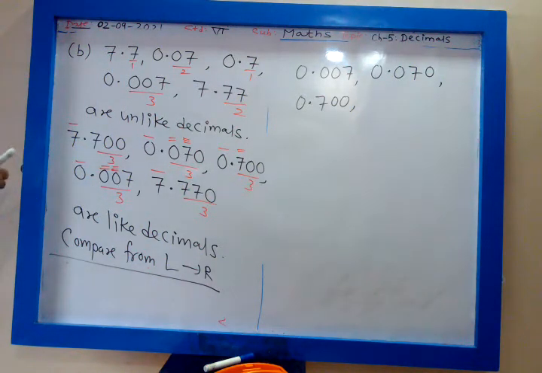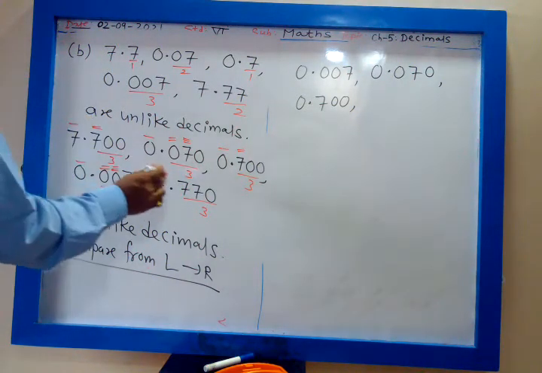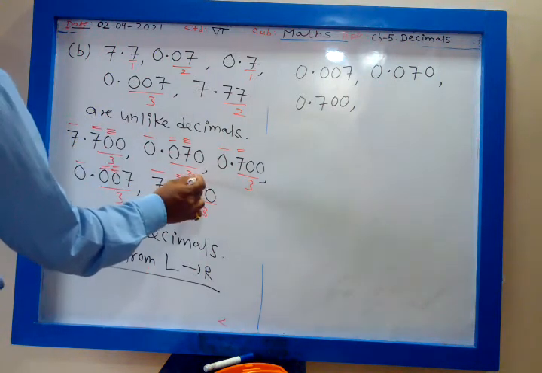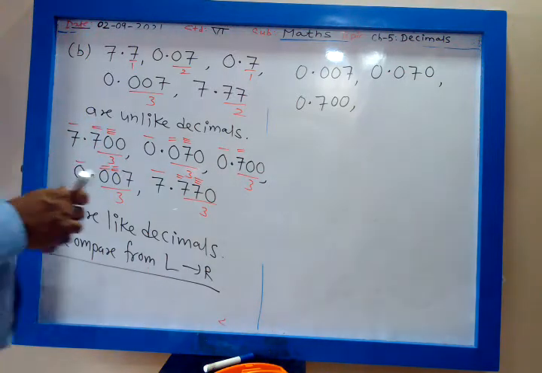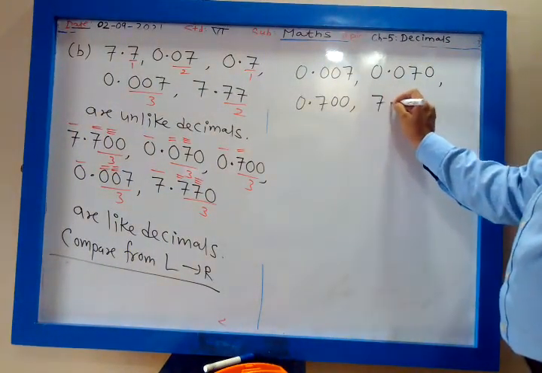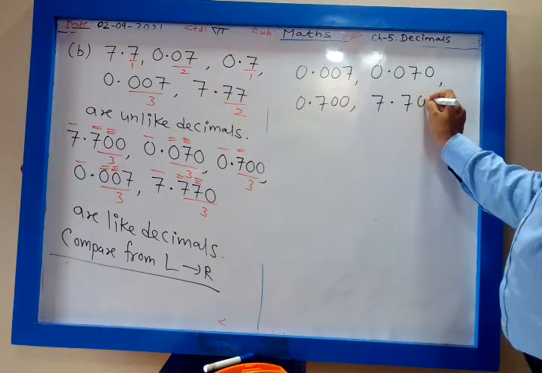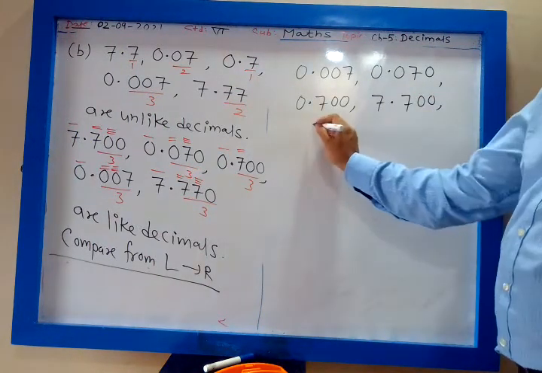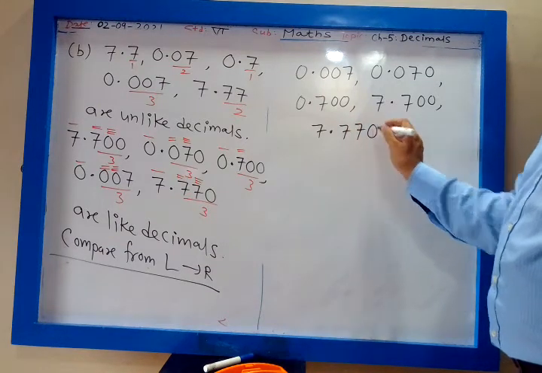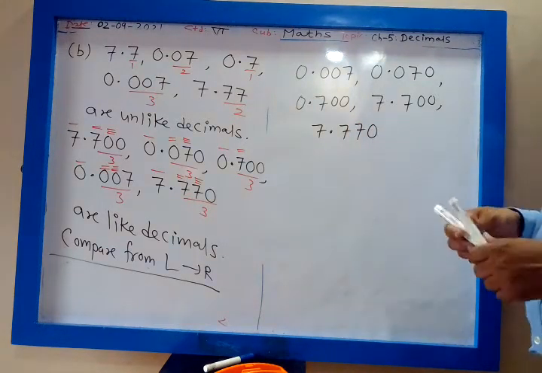Now let us compare the second digit. This is 7, this is 7, equal. Third digit, 0 and 7. So this is smaller. 7.700, then 7.770.